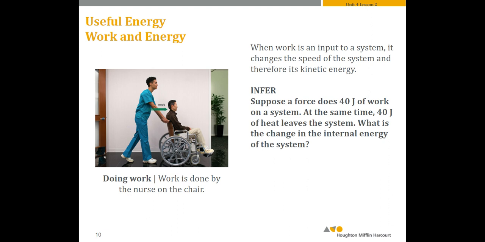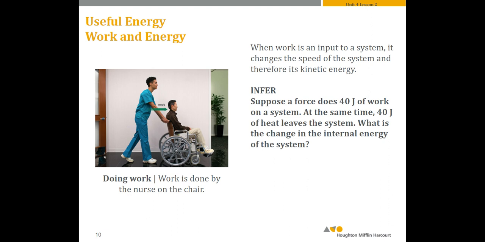So let's say you have a force doing 40 joules of work on a system, but at the same time, 40 joules of heat leaves the system. What is the change in the internal energy of the system? Well, in this case, the force does 40 joules of work, but 40 joules of heat leaves the system.